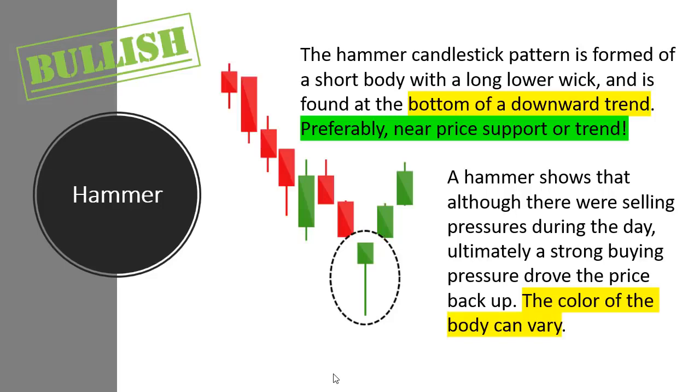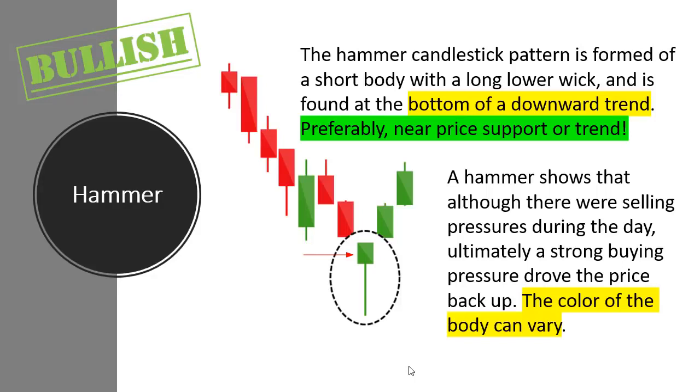Now, one thing I will tell you is the head, the body of that candle, can be either color. I've got these drawn up in red and green. You guys know it would be white and black for me, but the body of that candle can be either color.